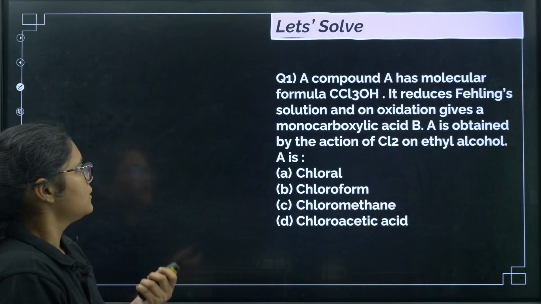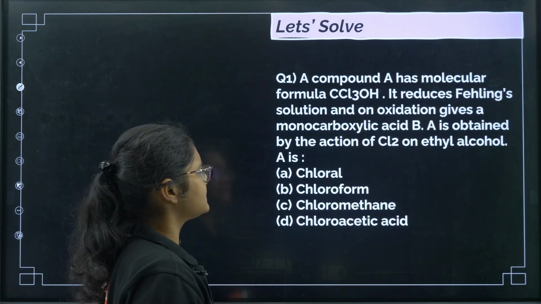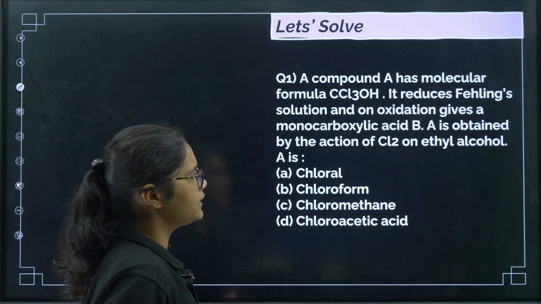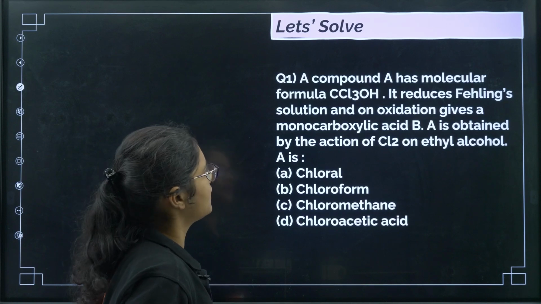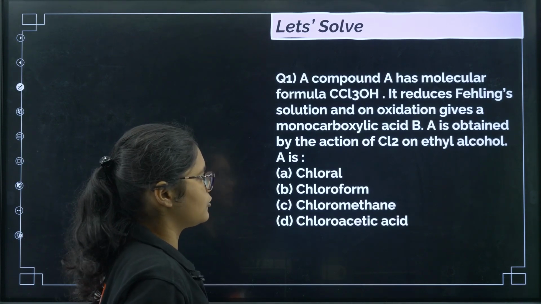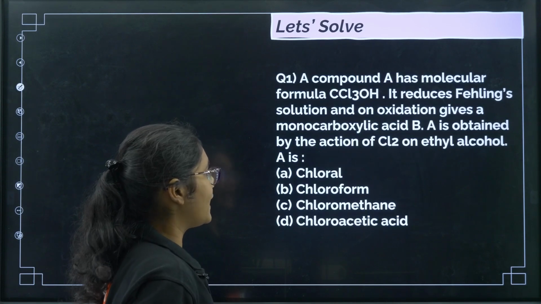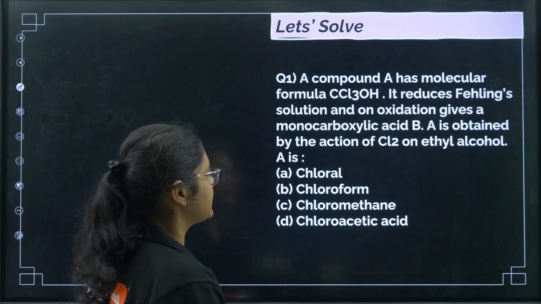Okay, now let us do today's question. A compound A has the molecular formula CCl3OH. It reduces Fehling's solution and on oxidation gives a monocarboxylic acid B. Then A is obtained by the action of Cl2 on ethyl alcohol.